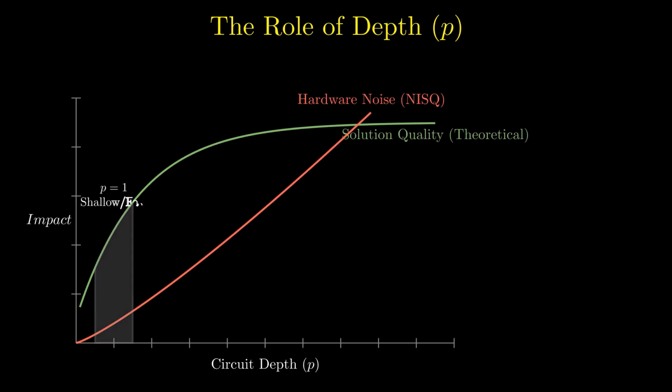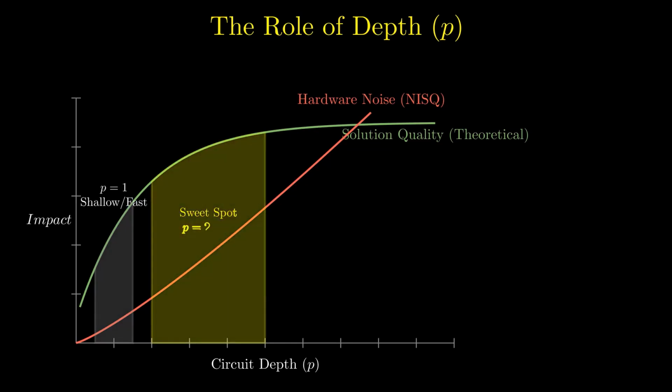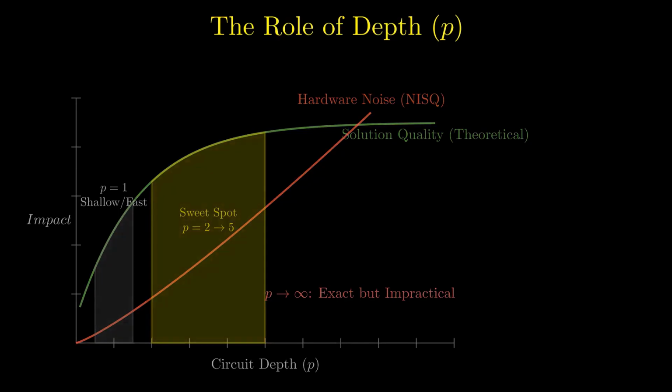As P approaches infinity, QAOA can exactly solve the problem, but becomes impractical due to noise and circuit complexity. There is a trade-off. Deeper circuits with large P can represent better solutions, but accumulate more noise on NISQ devices. Finding the right P is part of the art of using QAOA effectively.